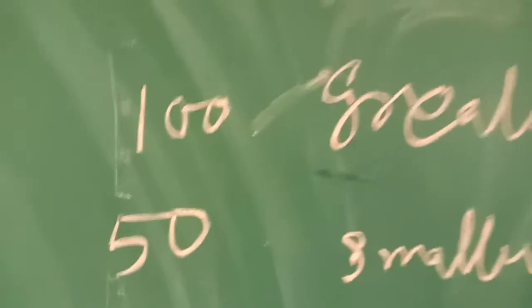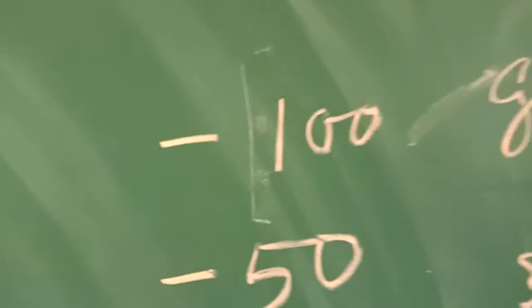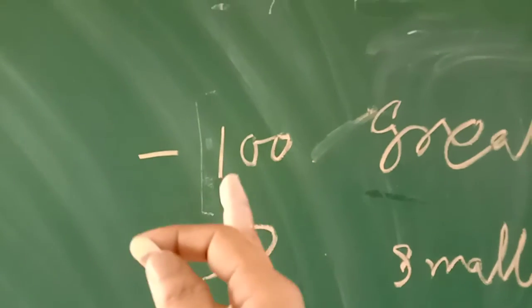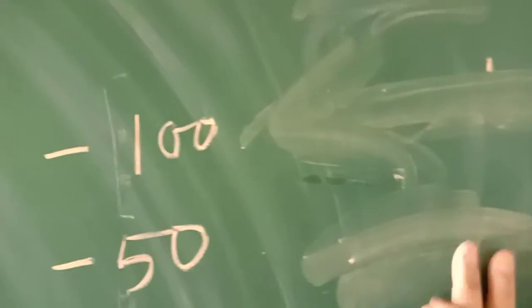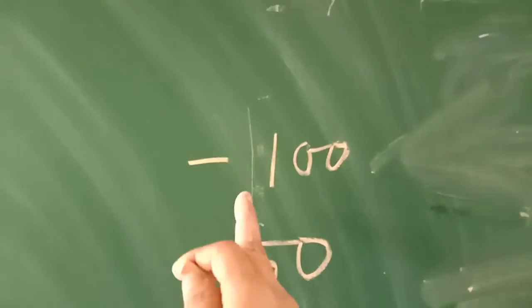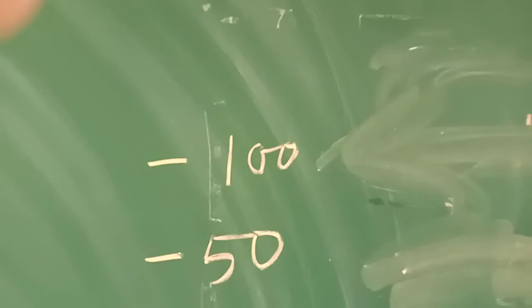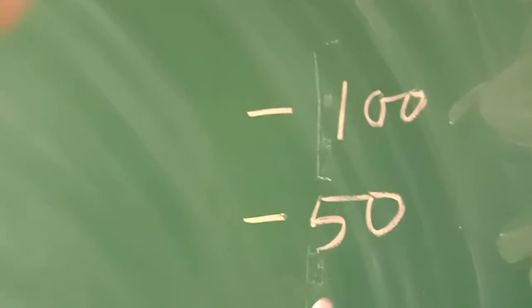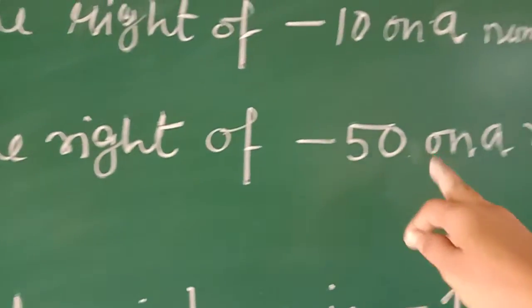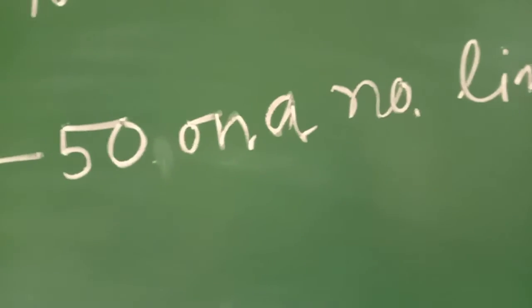But it will become just the opposite if I give a minus sign here. If minus is given here, they become just the opposite, because on the number line minus 100 will be more to the left than minus 50. So what is given there? Minus 100 is to the right of minus 50 on a number line. It is false.